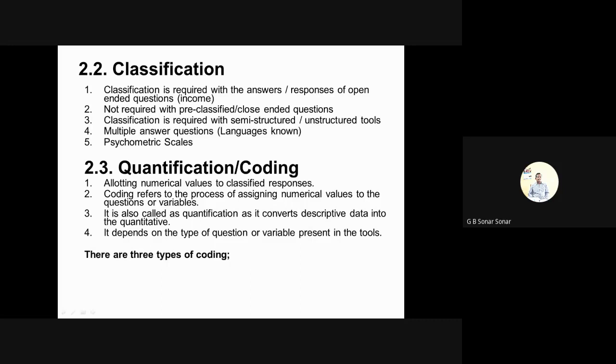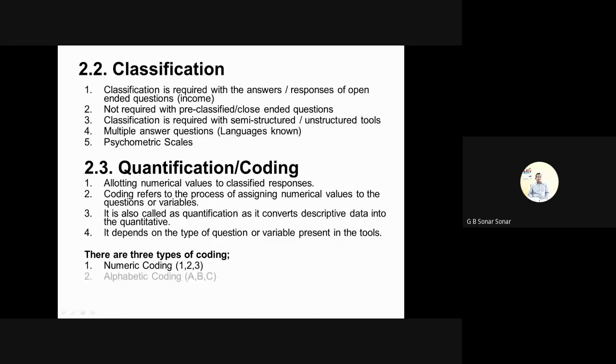Usually, there are three types of coding pattern used in social science research. One is numerical coding. Answers are given the codes in the form of number 1, 2, 3, 4, 5, like that. Any number of answers. If the answers are 3, then 1, 2, 3. If the answers are 5, then 1, 2, 3, 4, 5, like that, it is given.